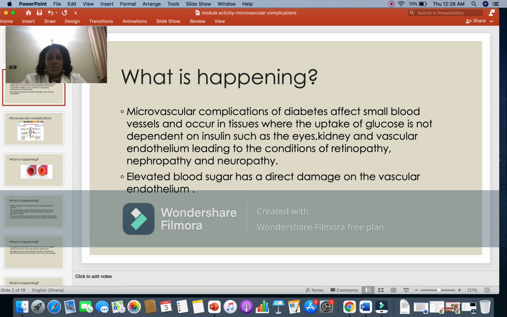Elevated blood glucose has a direct damaging effect on the vascular endothelium. They are known to cause thickening of the vascular basement membrane of these capillaries, and these thickened basement membranes become very permeable and leaky to proteins and fluid out of these capillaries.